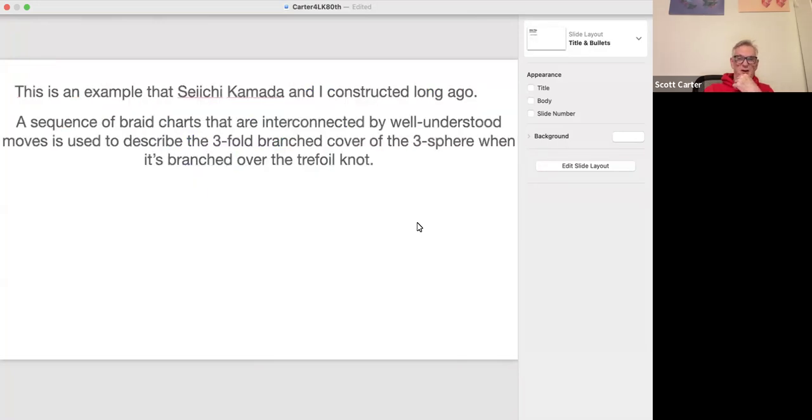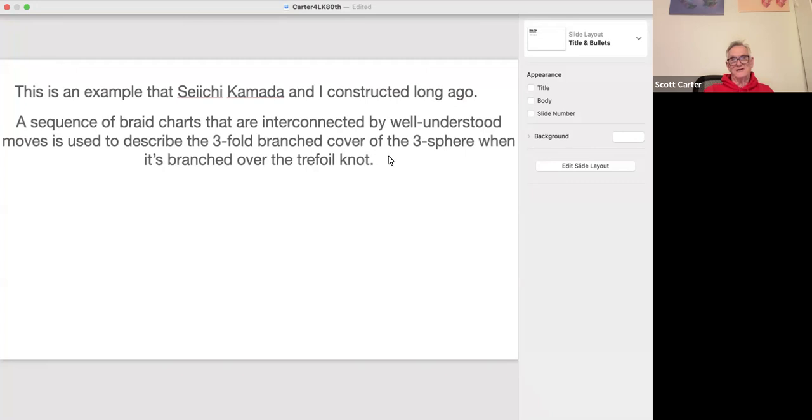So the first example that I want to show you is something that Seiichi and I constructed a long, long time ago. And it's described as a sequence of braid charts that are interconnected by well-understood moves. And it will describe the 3-fold branch cover of the 3-sphere when it's branched over the trefoil knot.